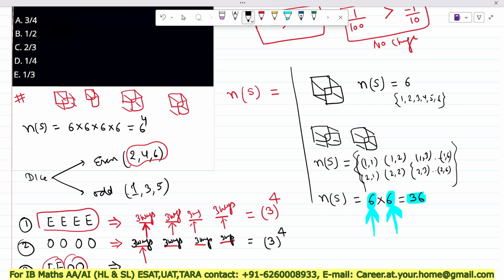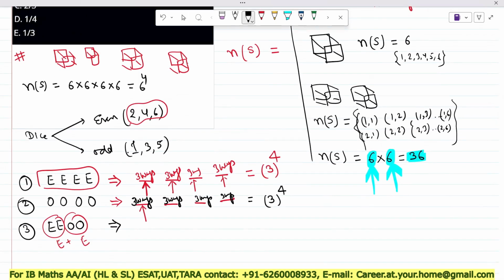Now I want to point out one more thing. It should be noted that it's not necessary that you should have even, odd. You may have even, odd, even, isn't it?